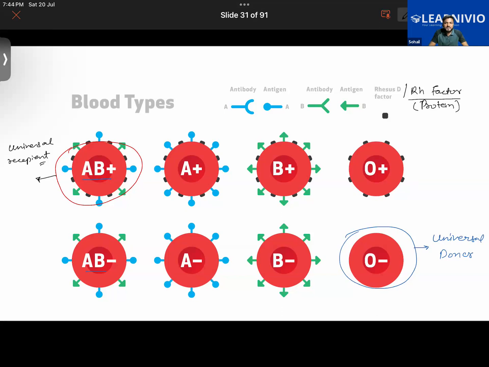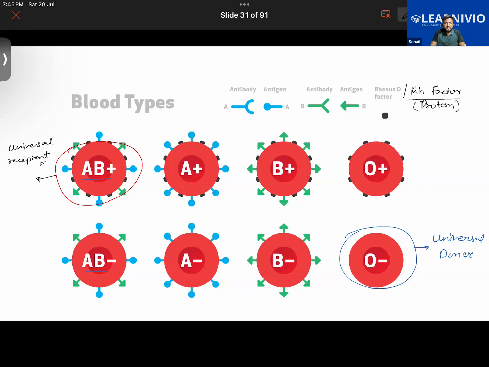So in the chapter so far, we have learned about various things. We have learned about the circulatory system. In the circulatory system, we have learned about blood and the different components found in the blood, like red blood cells, white blood cells, platelets, and plasma.